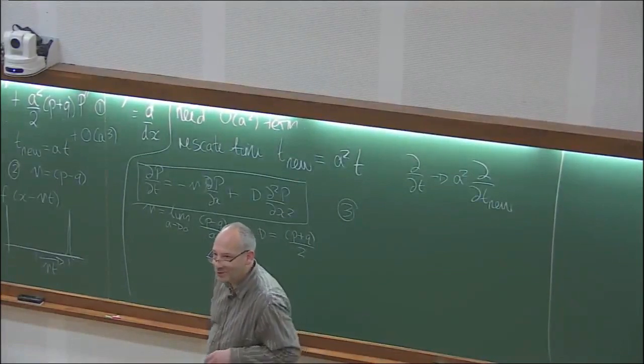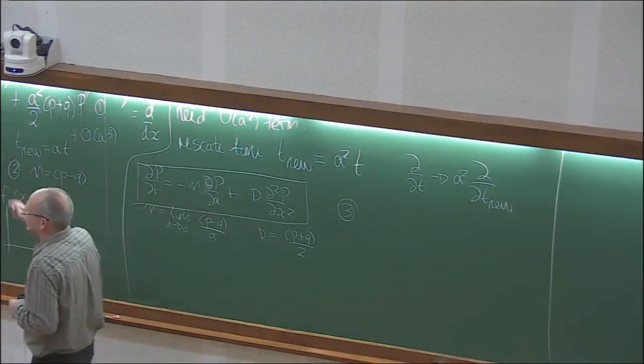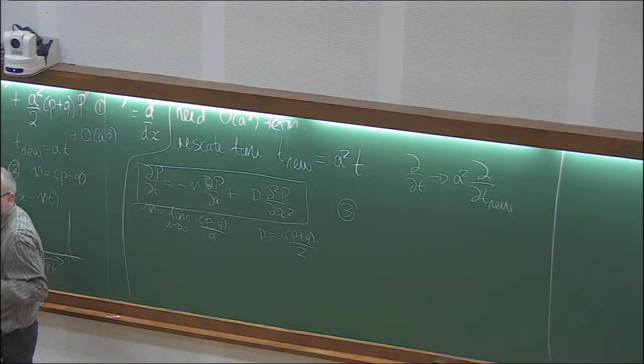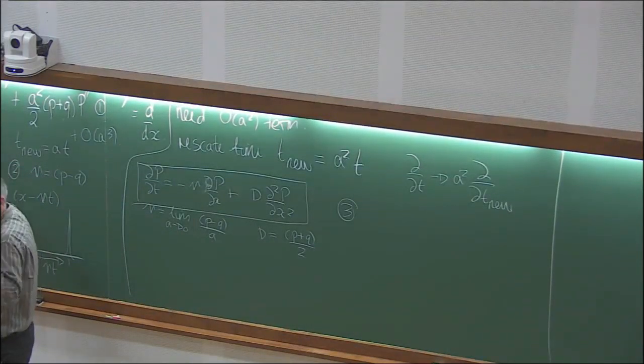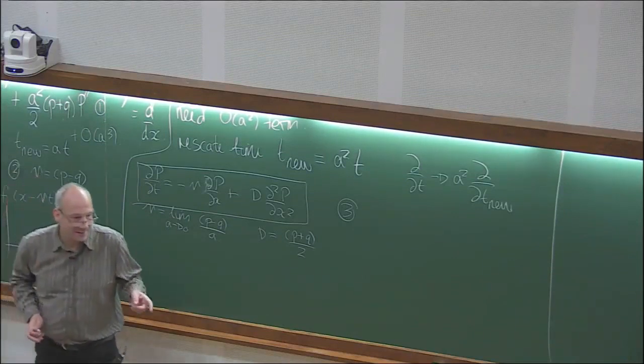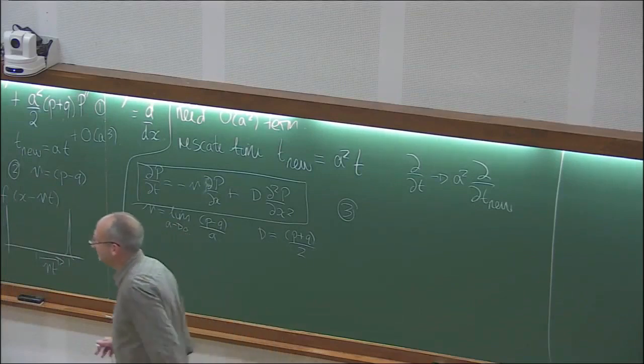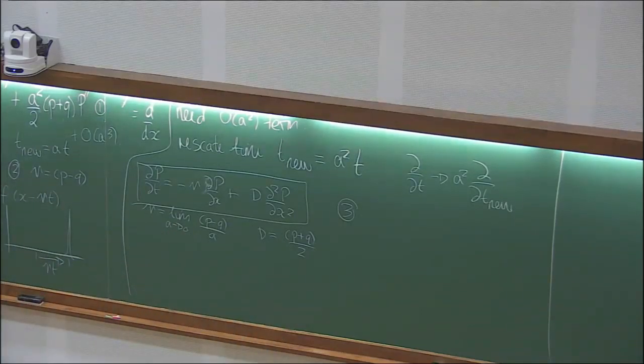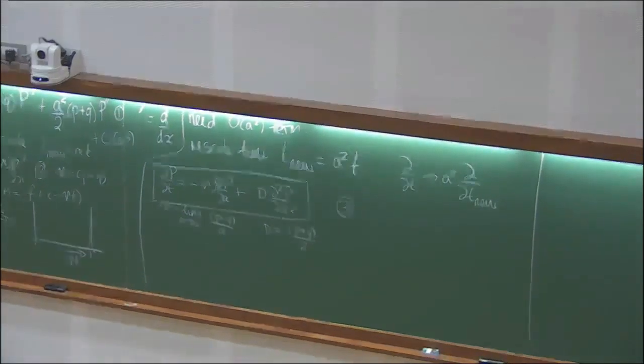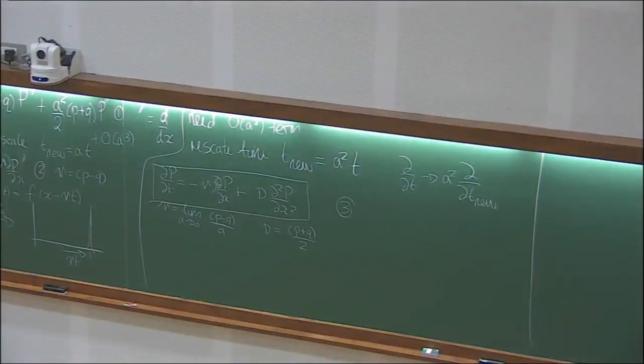Most physicists would simply expand and just set a goes to 1 at the end, and then it kind of all works out. But you have to be careful. Yes, P and Q are rates. So P and Q over here are the rates of going to the right and left. So the difference is the net rate at which it moves.